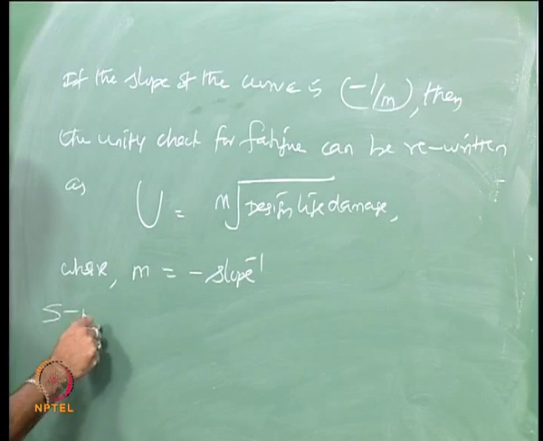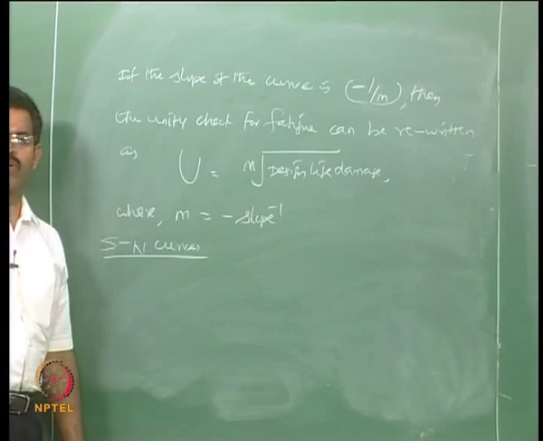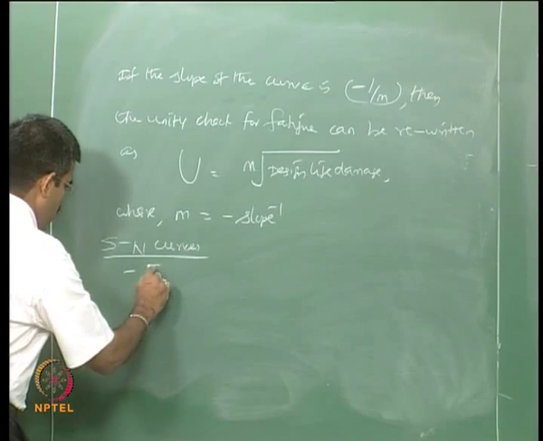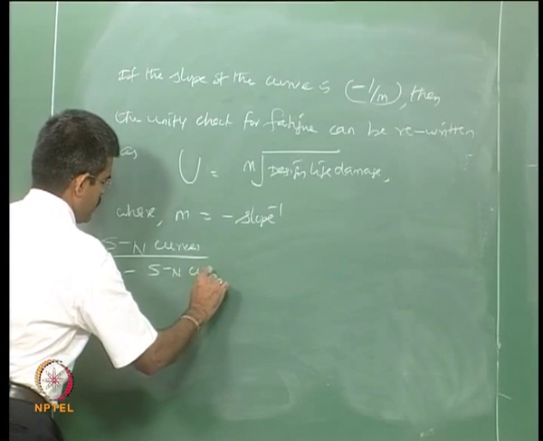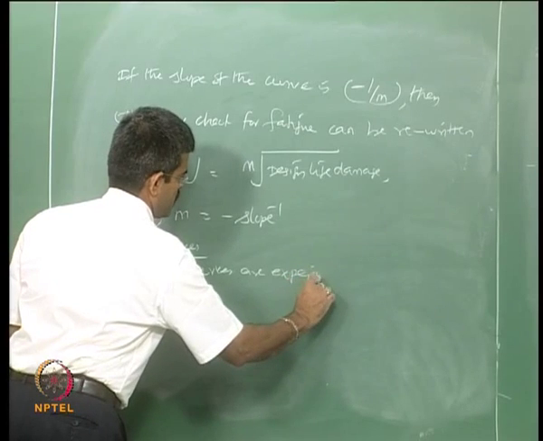Now let us look more about SN curves before we plot one and show how they look. SN curves are experimentally plotted. That is the first observation which we must know.